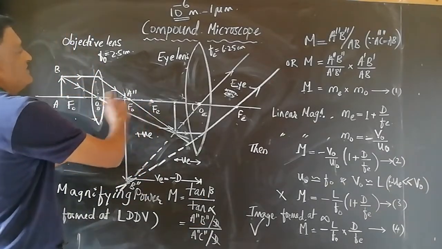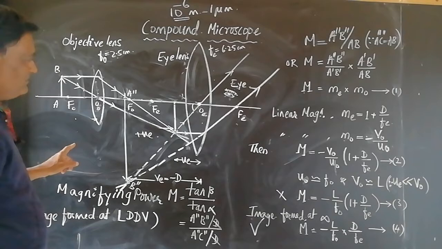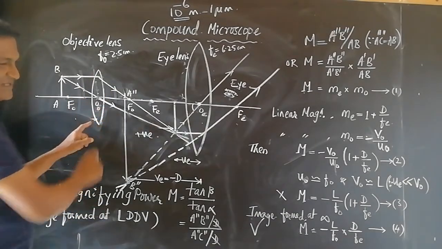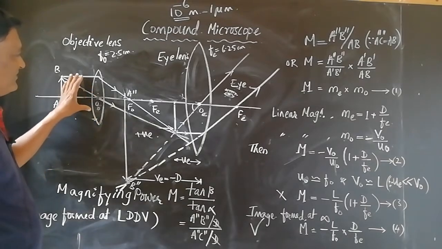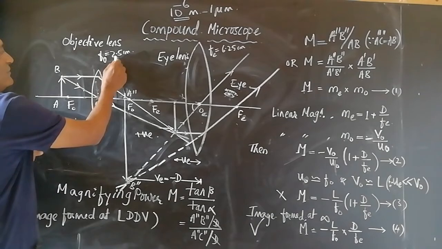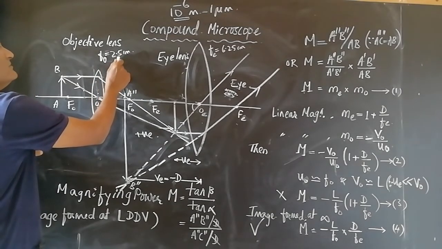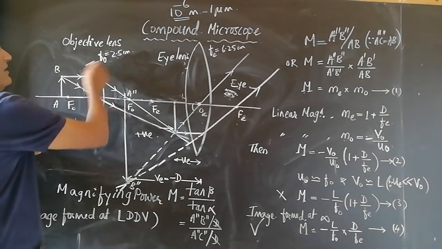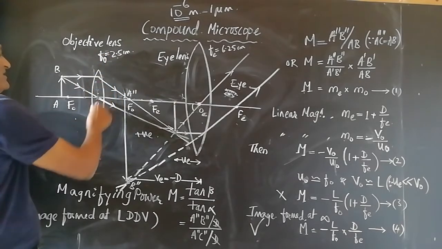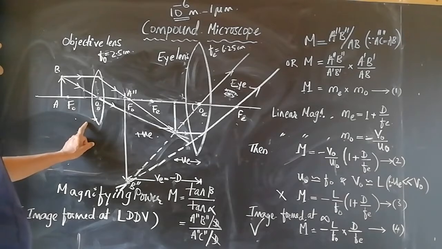So, here, seeing this ray diagram, the objective lens is of small aperture, the area available for refraction is very less, and the focal length is also small.